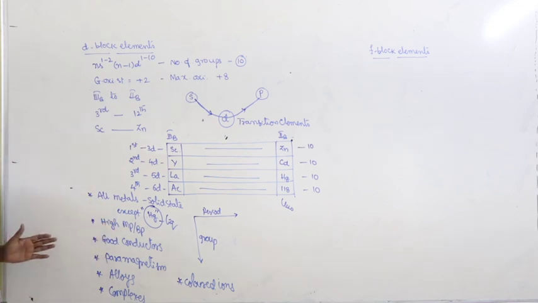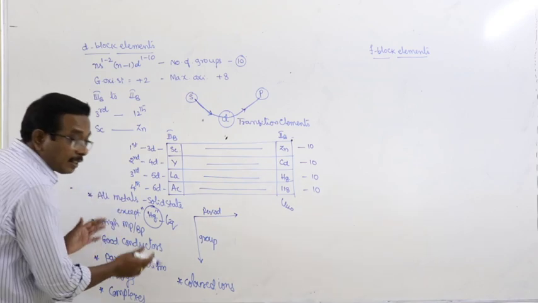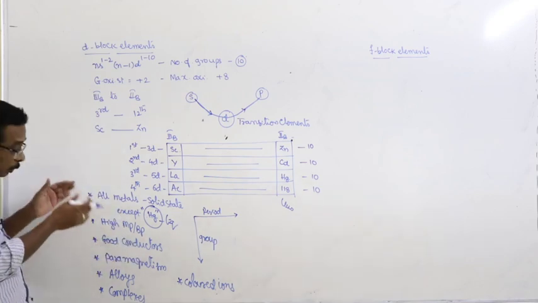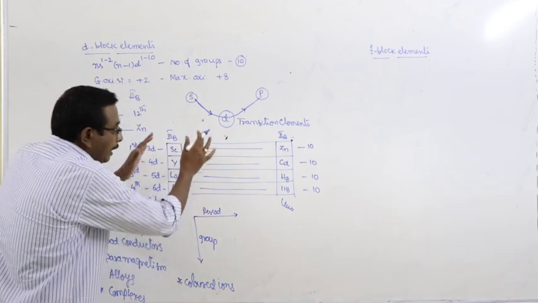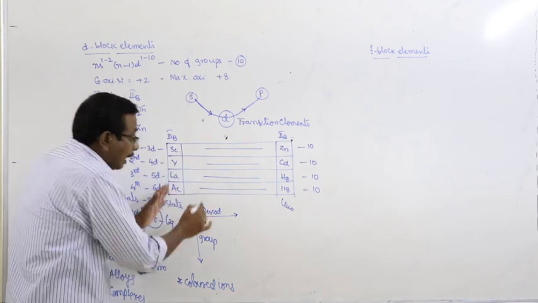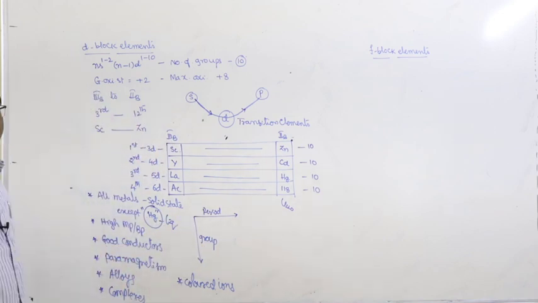They form alloys, complexes, and colored ions. These are all the properties. And due to this, across the period and also group, the properties of d block elements are similar.